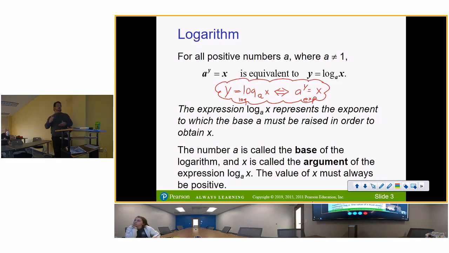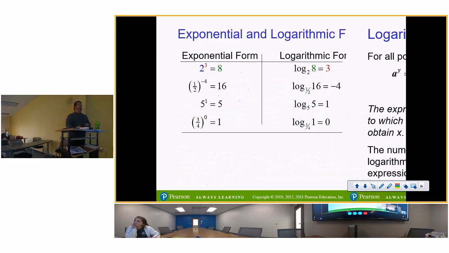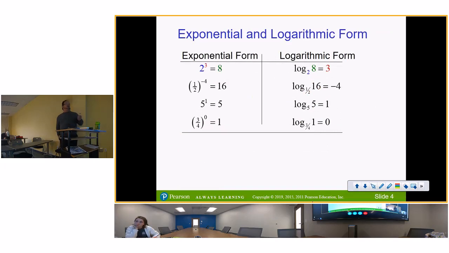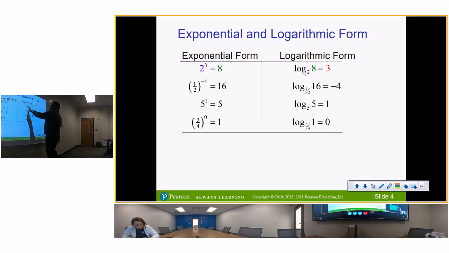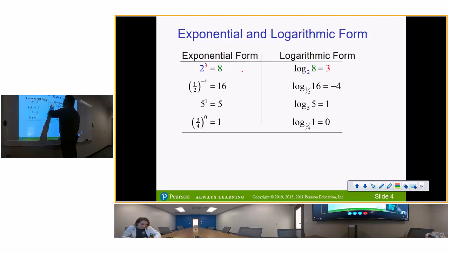Properties of logarithms. There's about 6 of them. This is the first one. Okay, there is the logarithm. Here's the exponential form. If I have 2 to the 3rd power is equal to 8, I can rewrite that as log base 2 of 8 is equal to 3. And if I have logarithm base 2 of 8 is equal to 3, I can rewrite that as that.